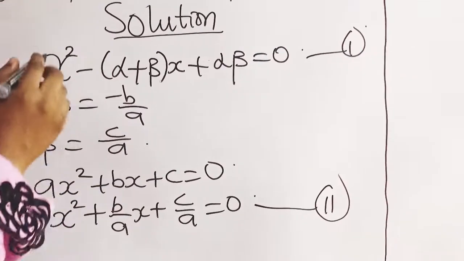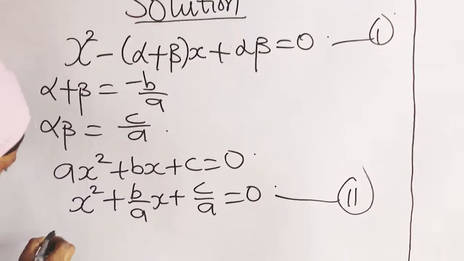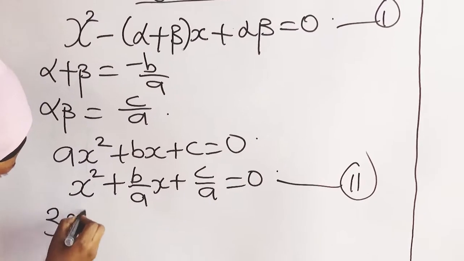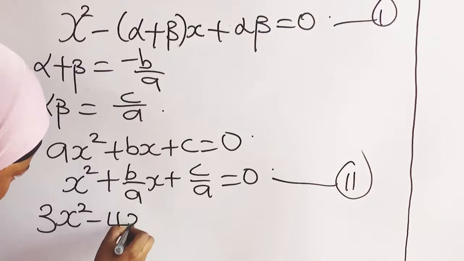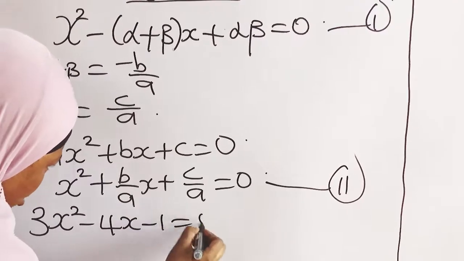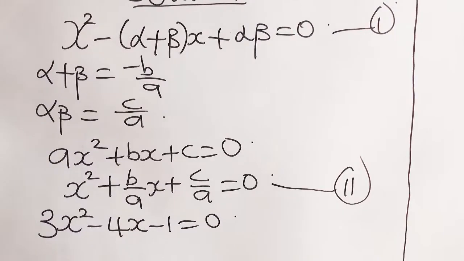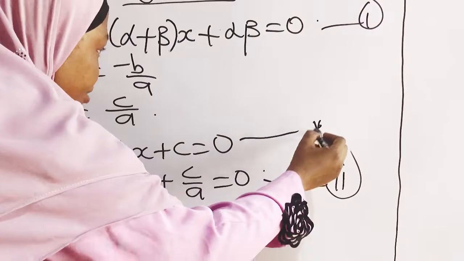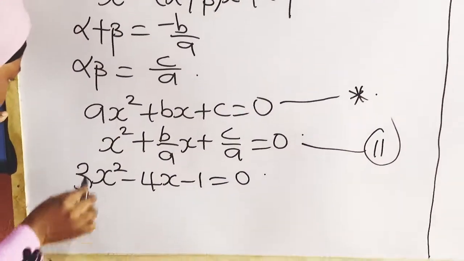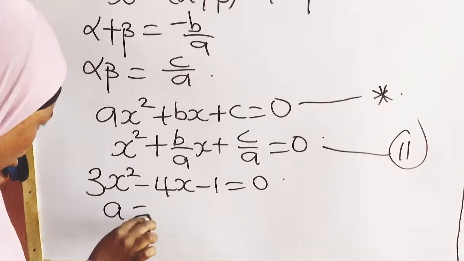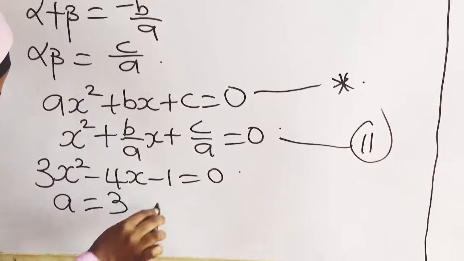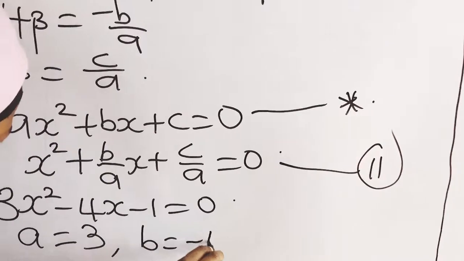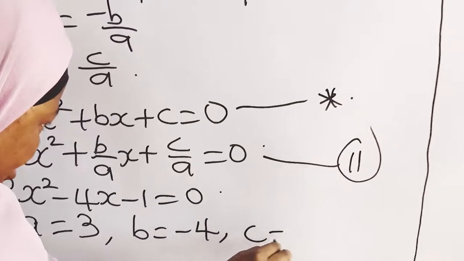Here now, from the equation given to us, 3x squared minus 4x minus 1 is equal to 0, you have to compare it with this equation, asterisk. So it means that a is equal to 3, b is equal to minus 4, and c is equal to minus 1.